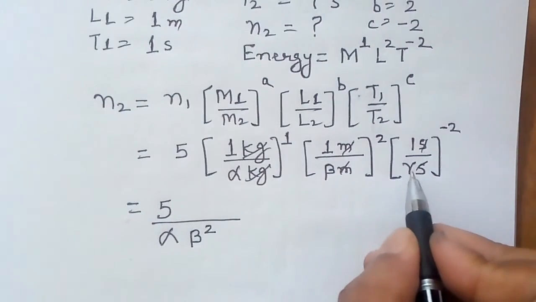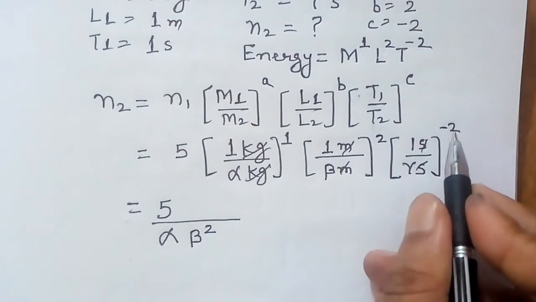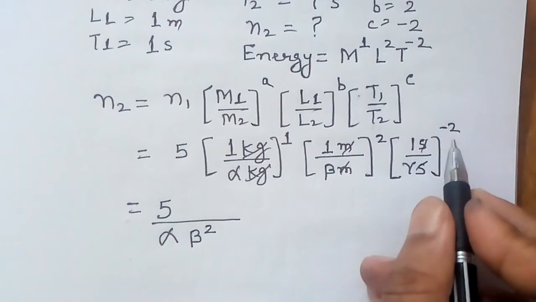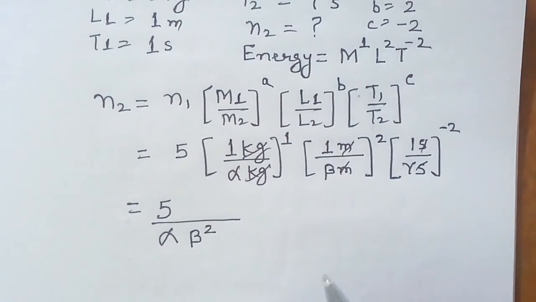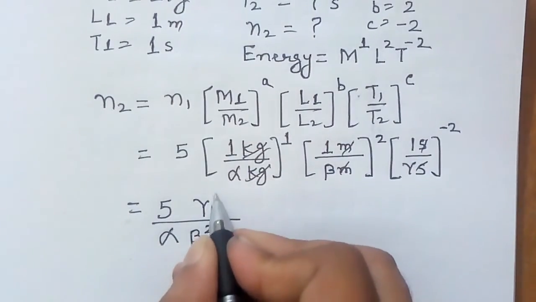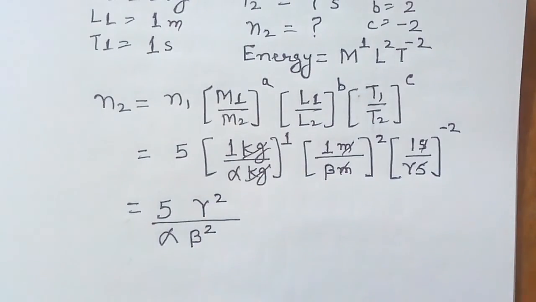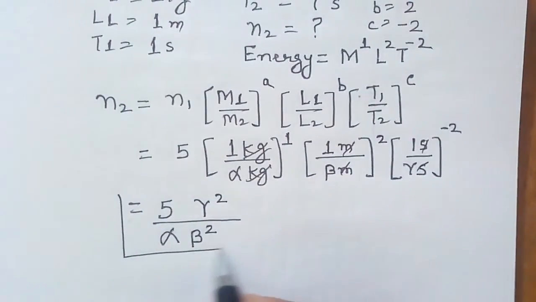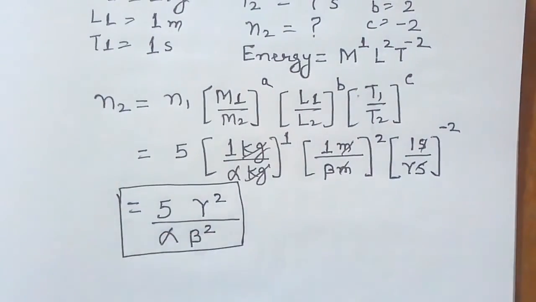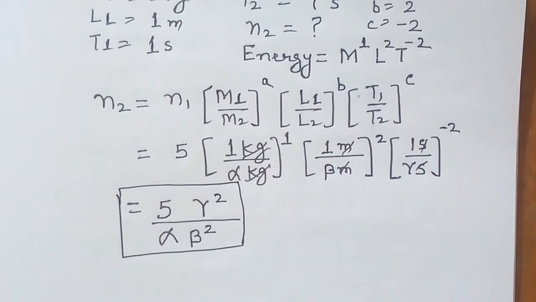Next is gamma: 1 to the power minus 2 is 1, and gamma to the power minus 2 is there, so when it goes in the numerator it becomes gamma square. So this is the value in the new system which we have calculated on the basis of the formula to convert one system of unit into another. That's all.